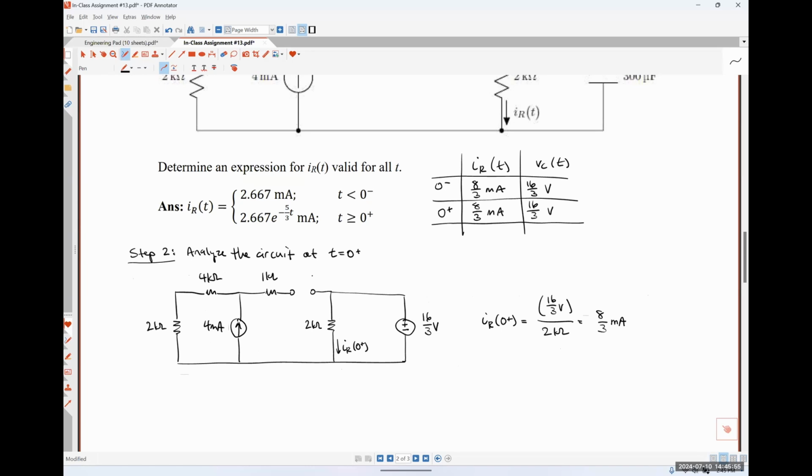So we're going to do something pretty similar when we work inductor problems here in a few minutes. But for now, since we've just learned about how an RC circuit works, we're only worried about making sure that the capacitor voltage stays constant between t equals 0 minus and t equals 0 plus.